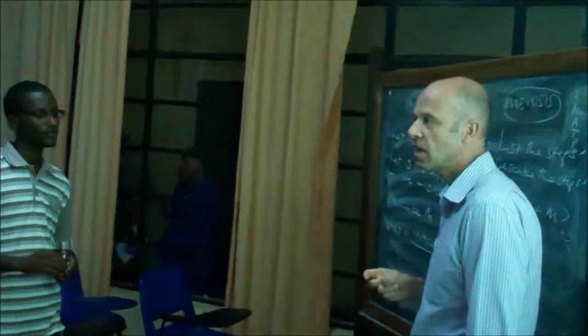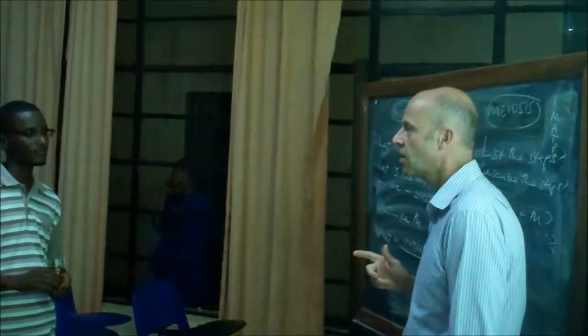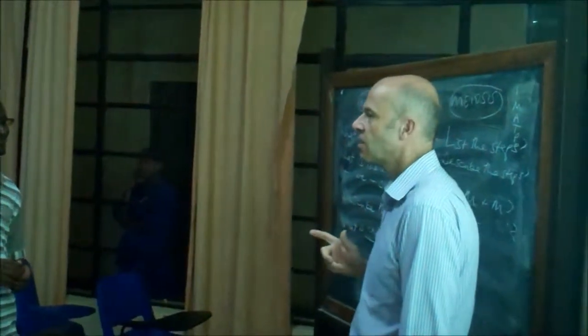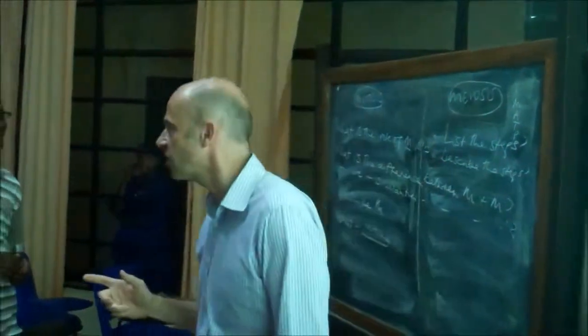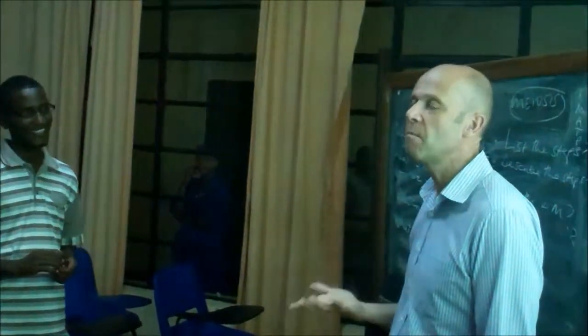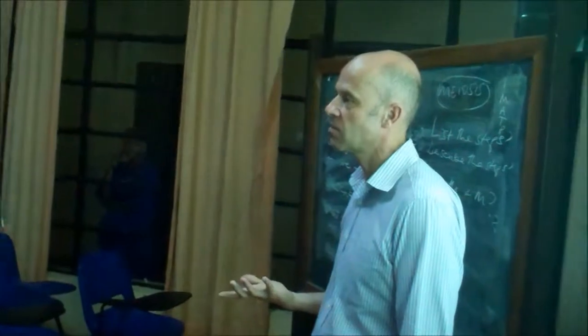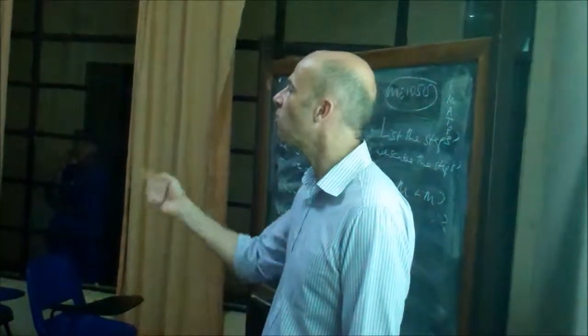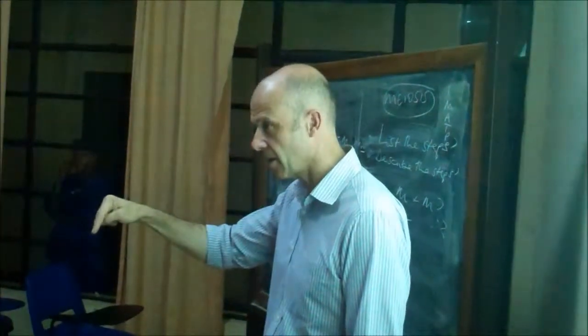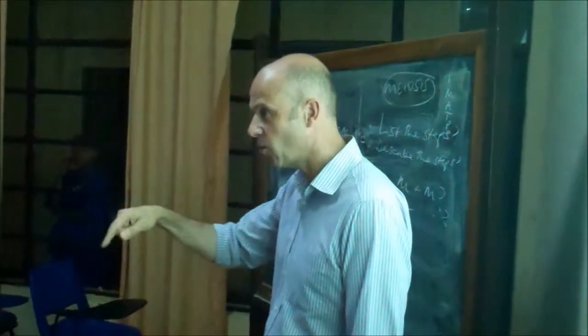I'm going to ask you a question. Do you understand mitosis and meiosis? Yeah? Yes. Okay. One of the ways that you're going to remember mitosis and meiosis is that you will remember today.